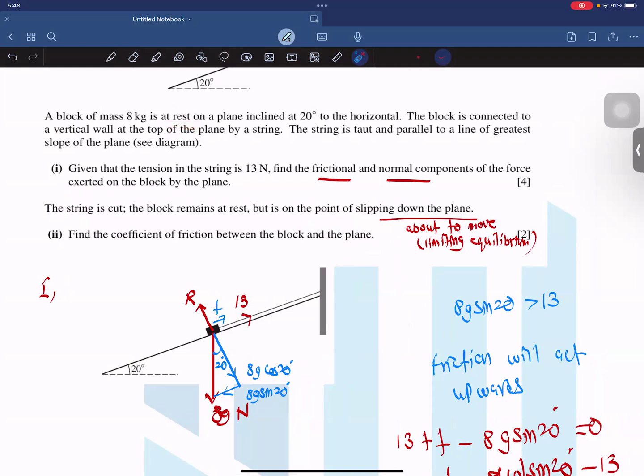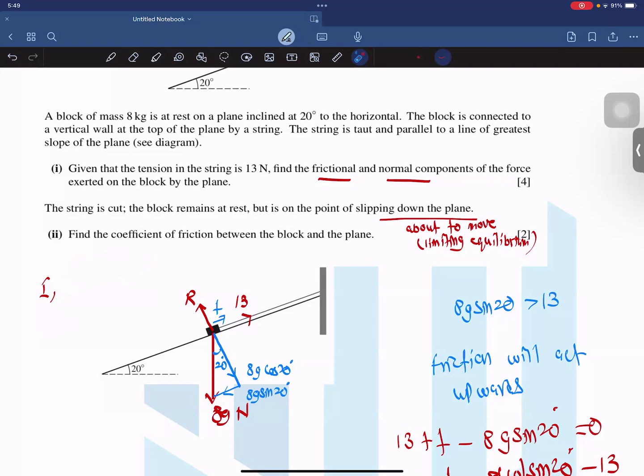So the forces which are acting up the plane and the forces which are acting down the plane should be balanced. They should be equal. Here you just calculate the value of 8g sin 20, meaning you put this in your calculator, 8 into 10 into sin 20.